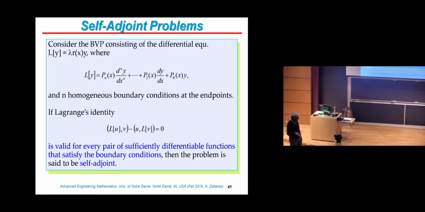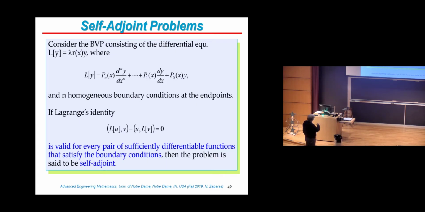If it happens to be the same, the problem is called self-adjoint. Most of the easy problems that you will hear in all your classes are self-adjoint, but a lot of interesting problems in fluids, in electrodynamics, etc., are not self-adjoint. Unfortunately, lots of interesting problems don't fit in that category.